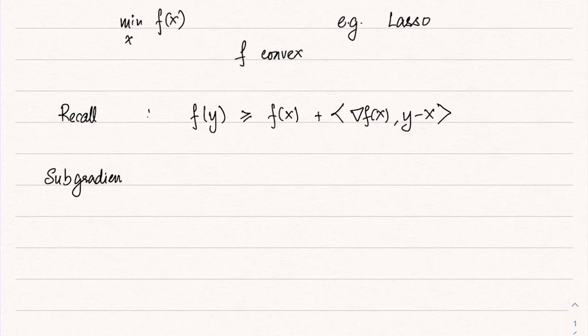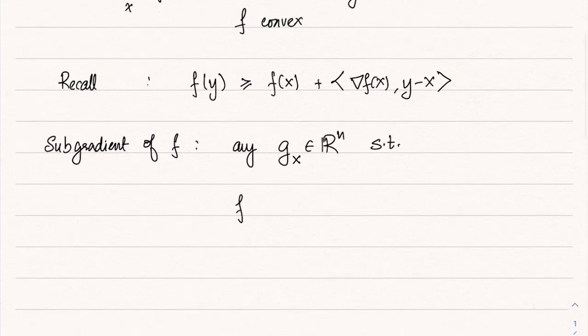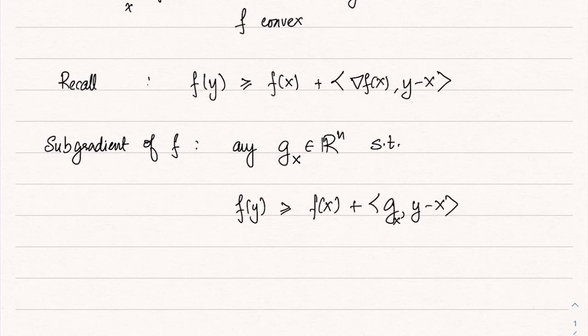So the subgradient of f at x is any g_x in R^n such that f of y is greater than or equal to f of x plus the inner product of g with y minus x. Right? So this g_x is a subgradient of f at x. Any g_x which satisfies this is called a subgradient.